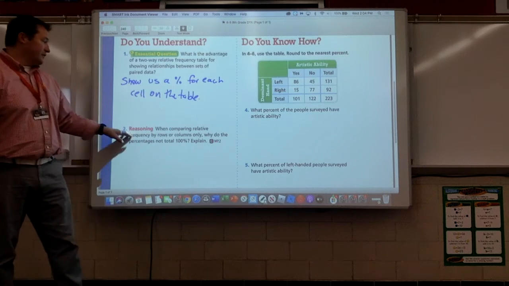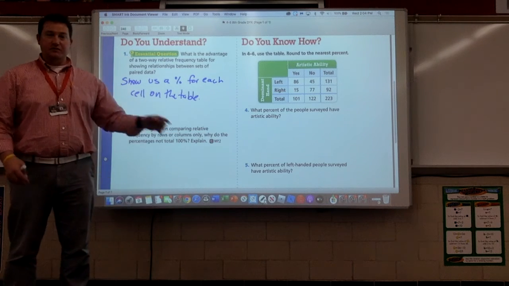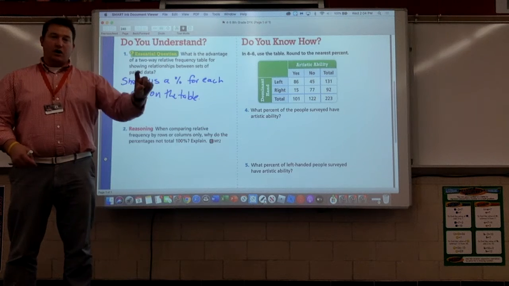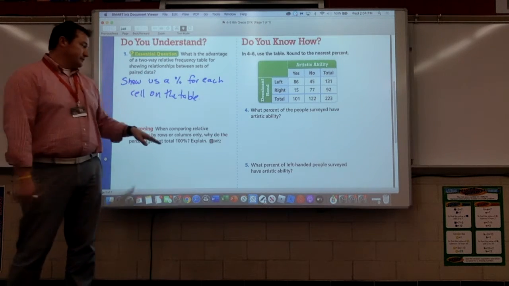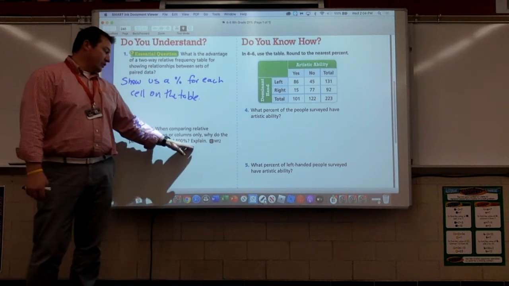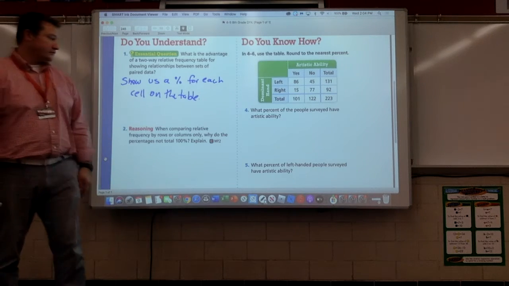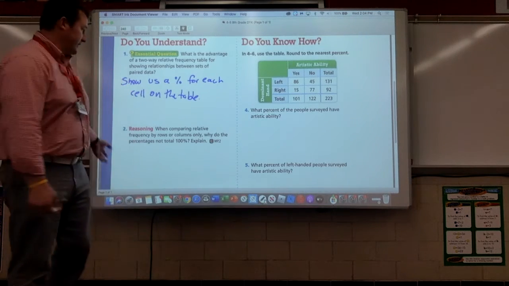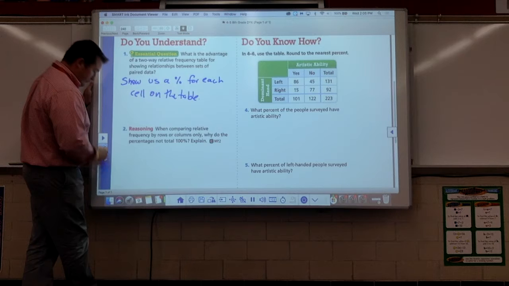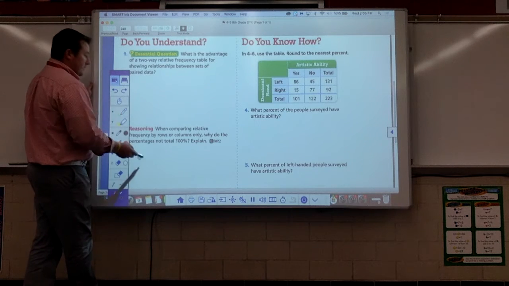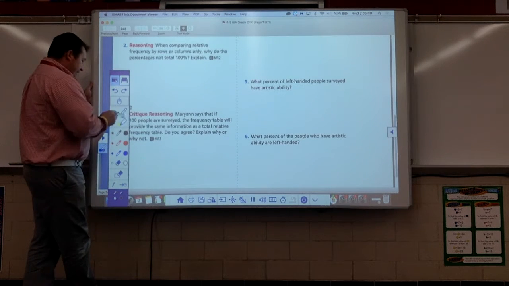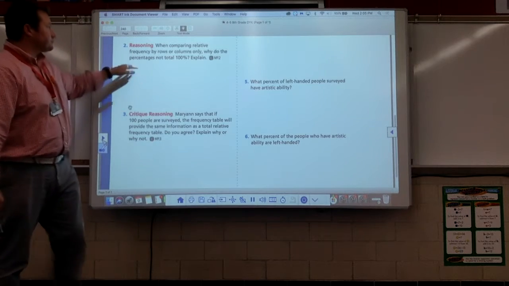When comparing relative frequency by rows or columns, remember, so when we go across a row, or we go up and down a column, why do the percentages not total 100%? What do you guys think here? We make some room. You guys ready for this one?